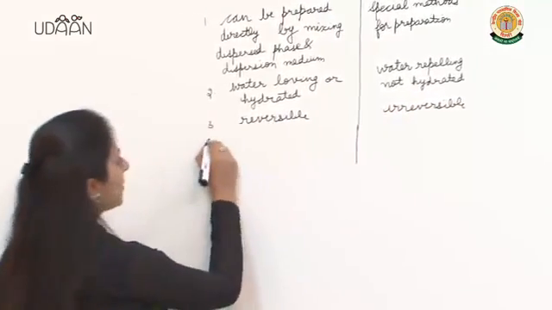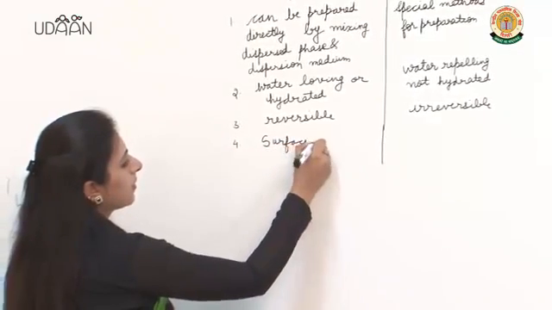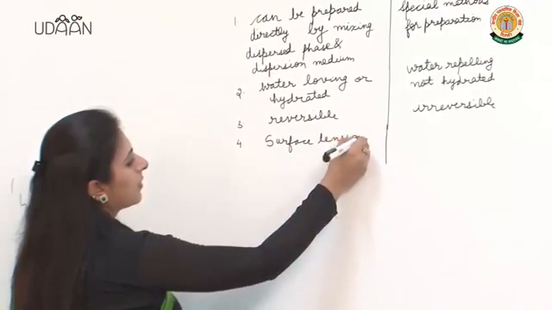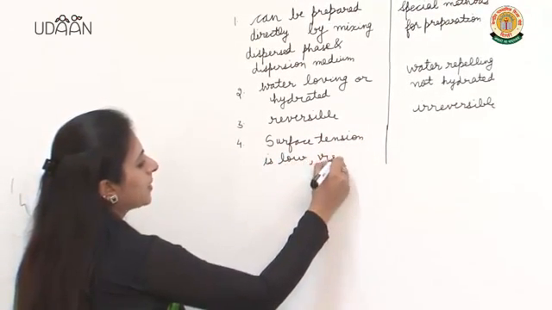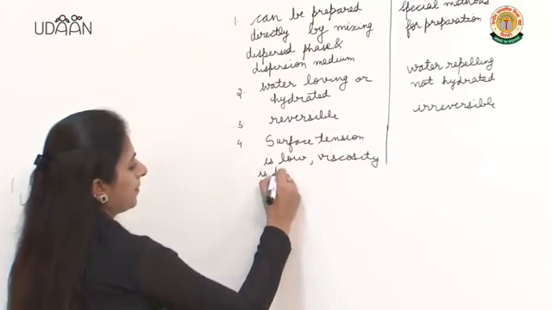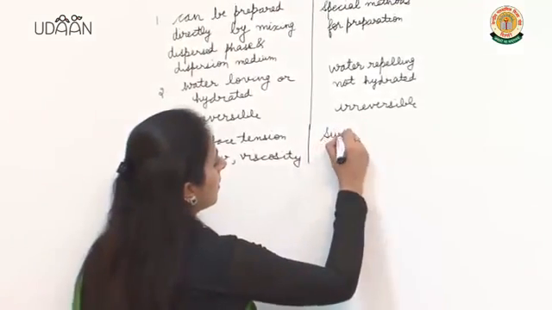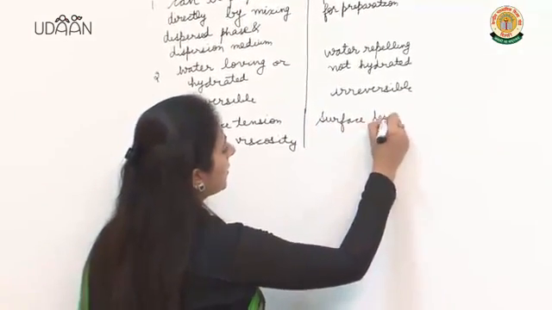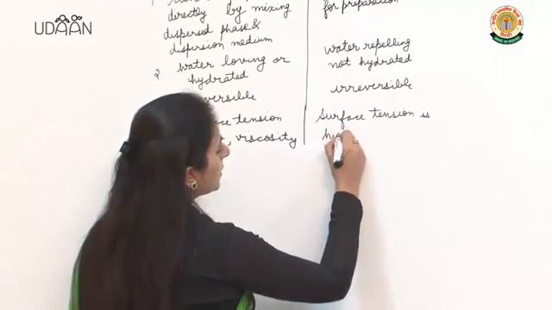For lyophilic sols, surface tension is low and viscosity is high. For lyophobic sols, surface tension is high and viscosity is low.